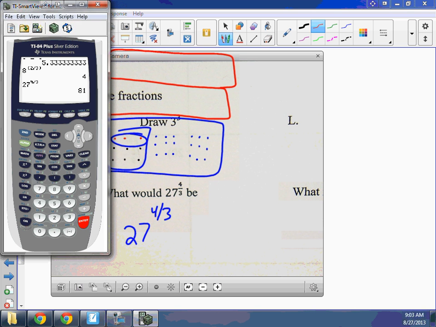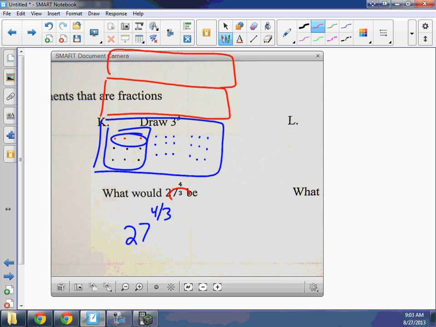So this bottom number says, can 27 be broken into 3 multiplications? Yes. How big is each multiplication? Is it a double or a triple or a quadruple? A triple. So if you have 4 triples, how big is it?